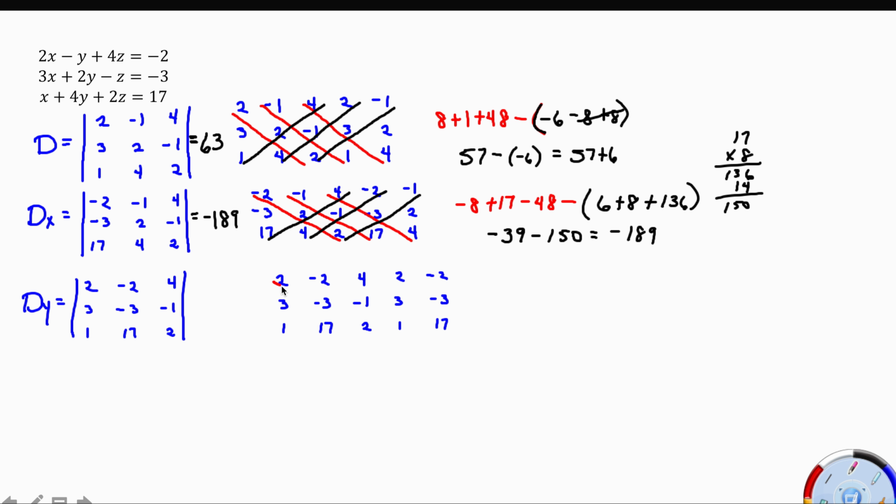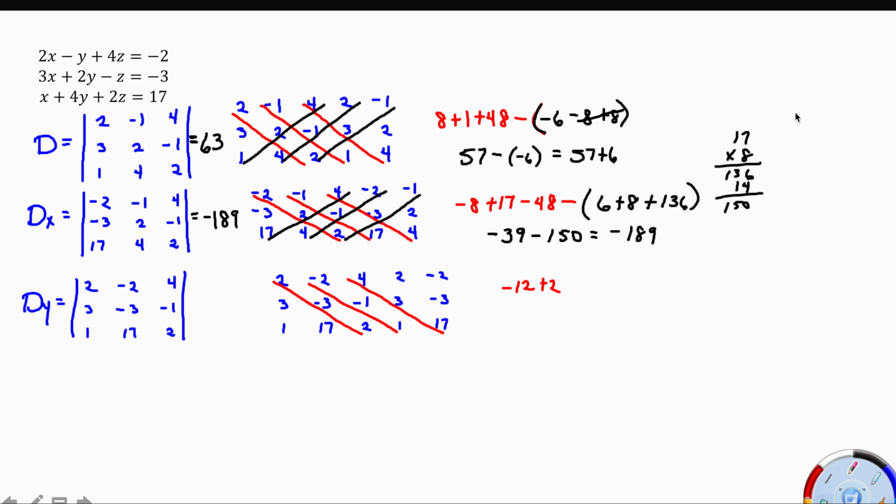Okay, so I have 2 times negative 3 times 2, negative 12, plus negative 2 times negative 1 times 1, plus 4 times 3 times 17.